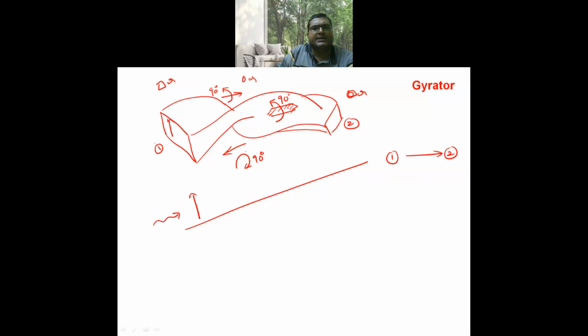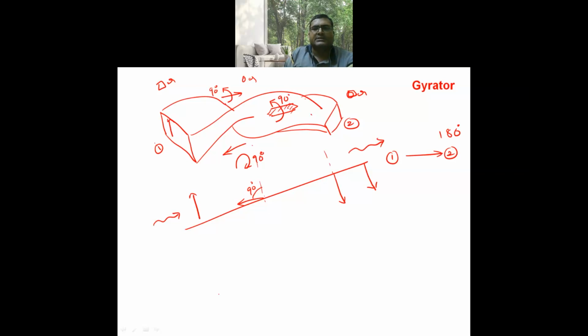After crossing the twist, the polarization of the electromagnetic wave is rotated by 90 degrees, and after crossing the ferrite rod, the polarization is once again rotated by another 90 degrees, and at the output you will get the 180 degrees phase shifted signal.